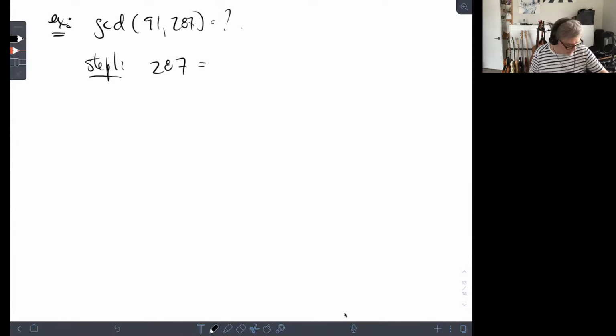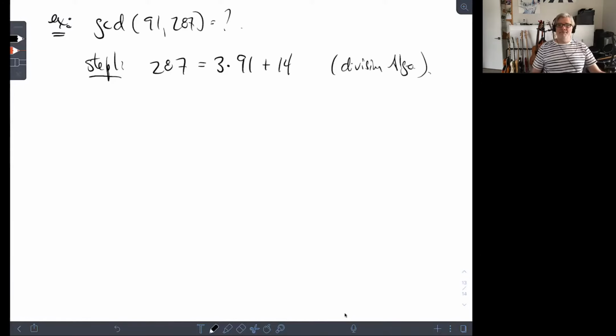I'm going to cheat and just look at my notes. This is 3 times 91 plus 14. Now, the lemma says that the divisors of these two numbers are exactly the same as the divisors of these two numbers. So they must have the same GCD.